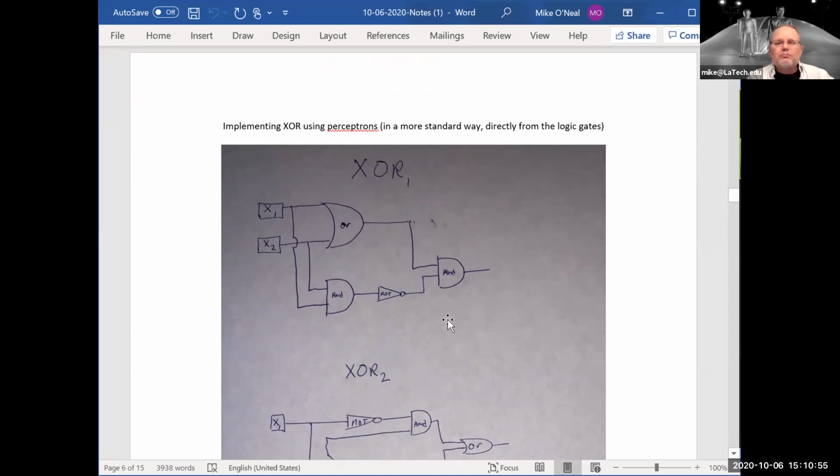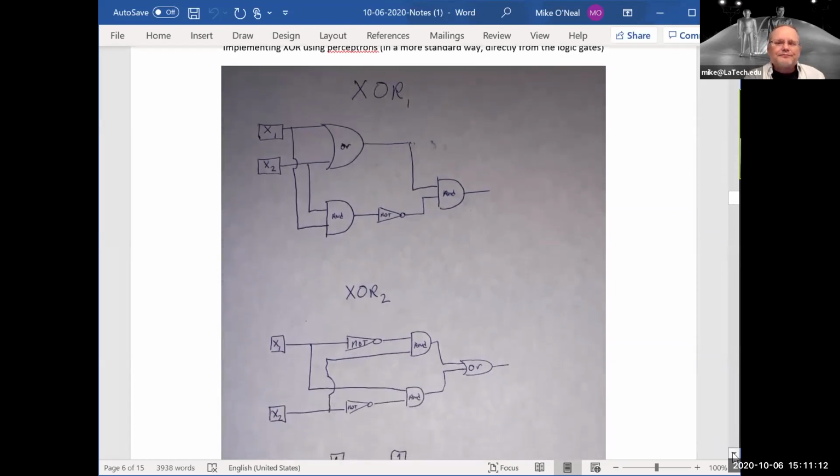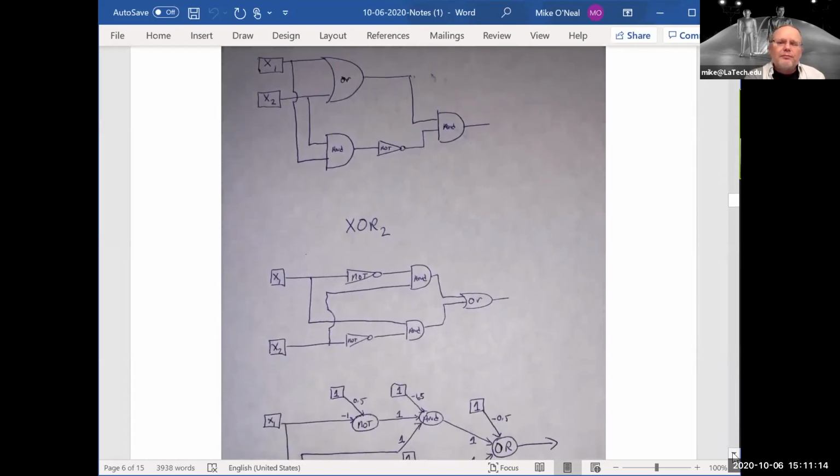I'm using an extra little widget, but it completely follows the English of how you describe an XOR. X1 or X2 and not both X1 and X2. And you can get rid of a gate if you do it like this.